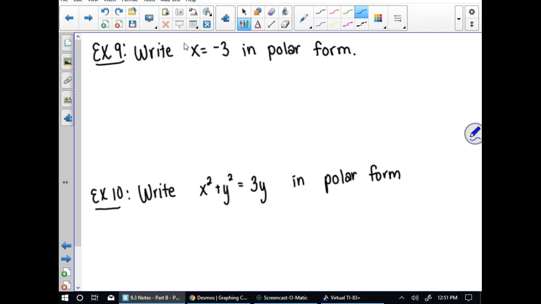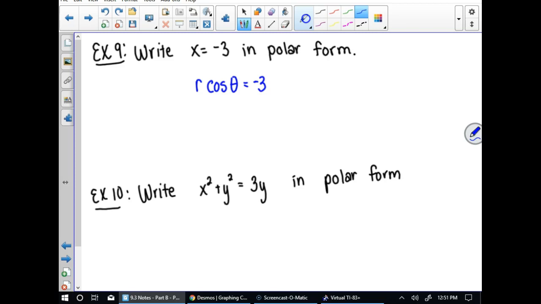Okay, so we're going to take x equals -3 and write it in polar form. So what could I replace x with? R cosine theta. Okay, so r cosine theta equals -3. This can be your answer, but a lot of times these will be solved for r.